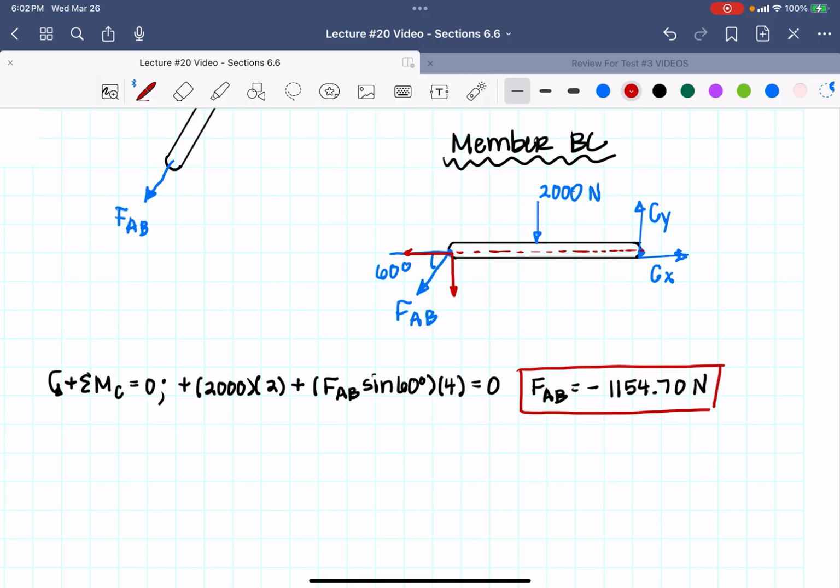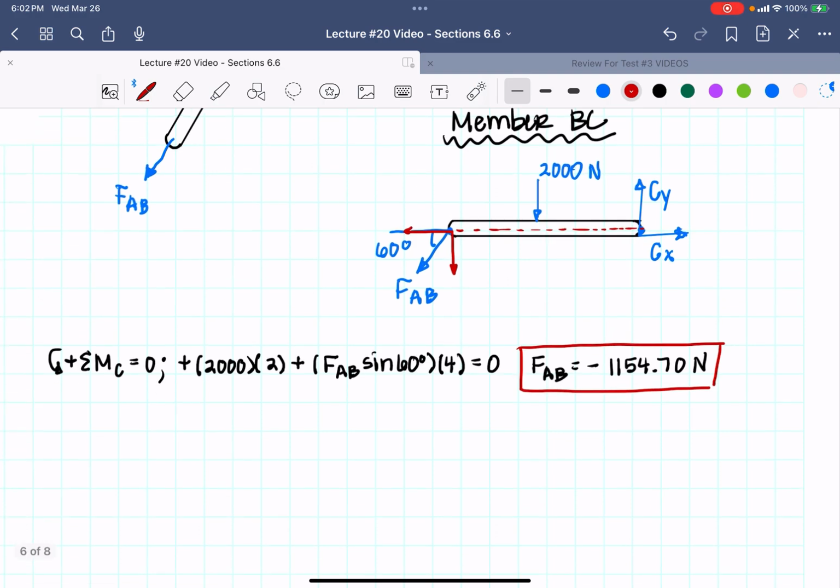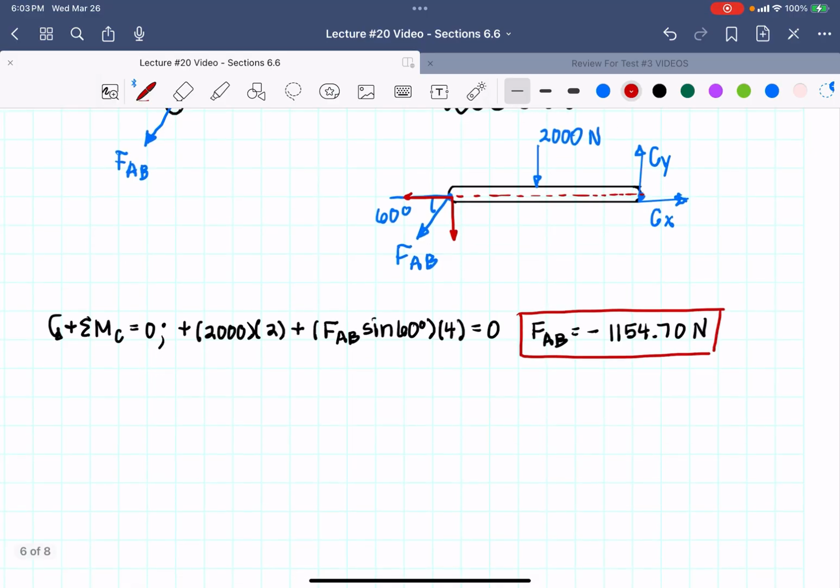And then I'm going to move on to the forces in the X and the forces in the Y.